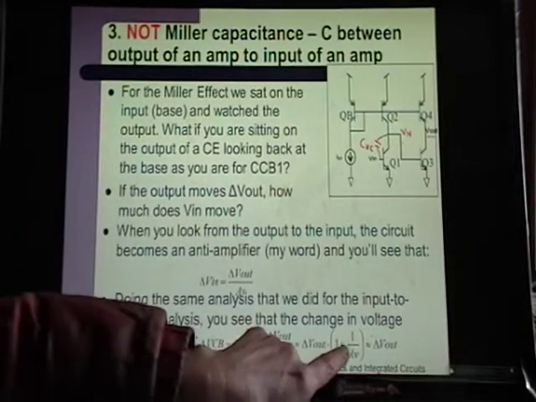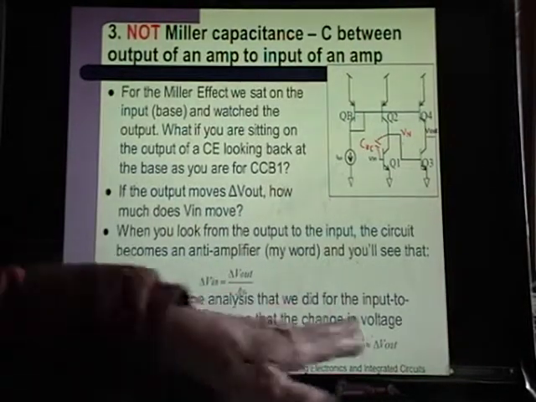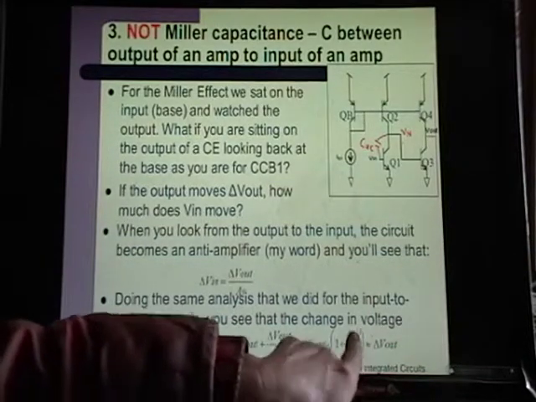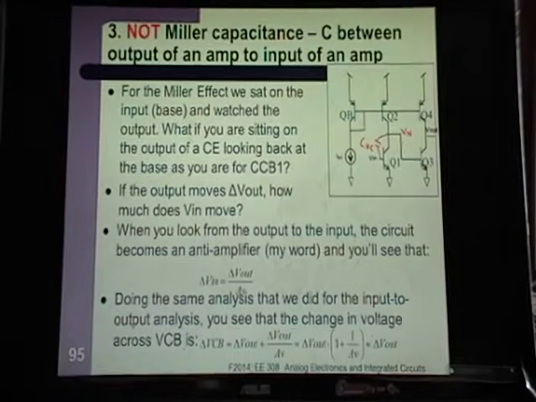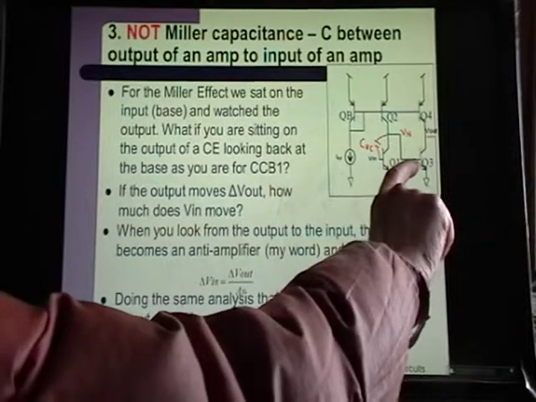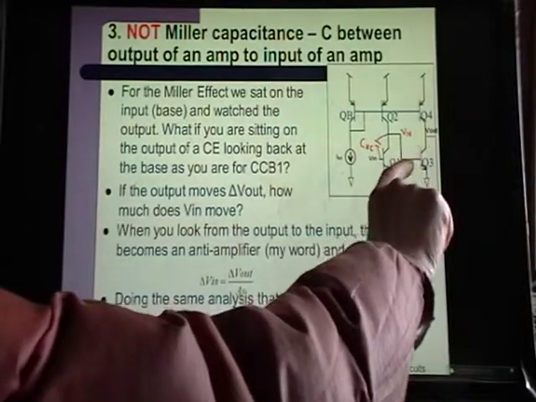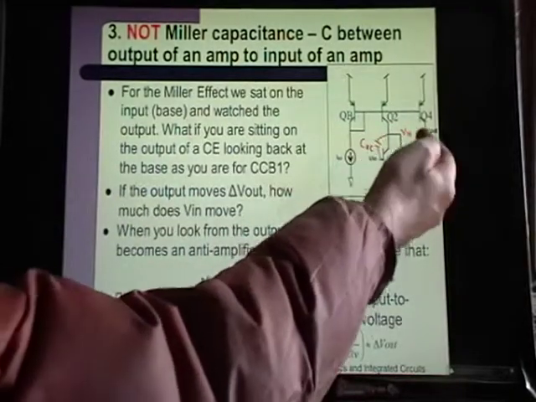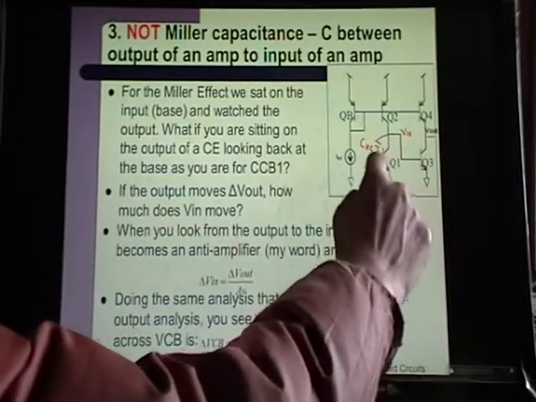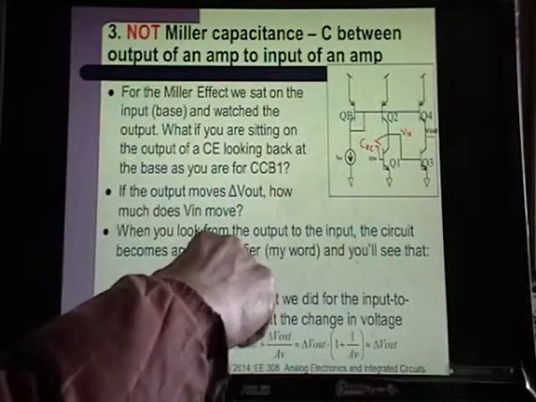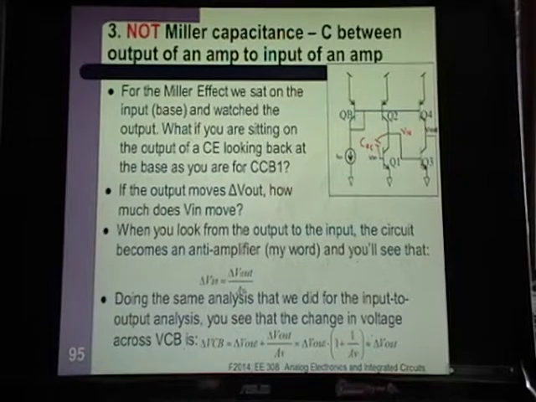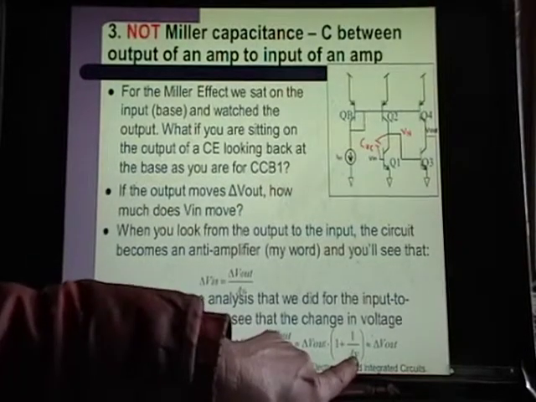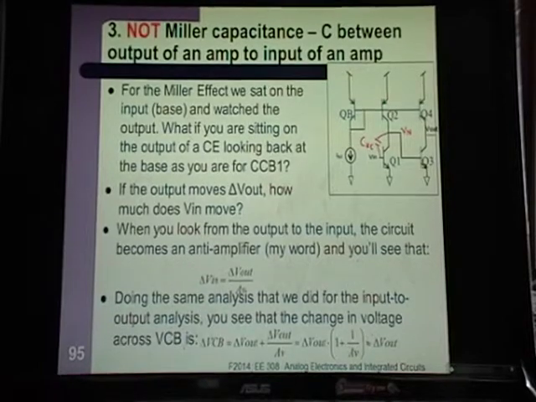So really it's 1 plus 1 over AV, but you can pretty much just consider that as 0 and call it ground. So looking forward, if you're sitting on the base of Q3, you see an increased capacitance of 1 plus the absolute value of AV. But if you're on this node and you're looking back to the input of the amplifier, then the other side looks like it's not moving very much. It's just moving 1 over AV, and you can consider that as ground.